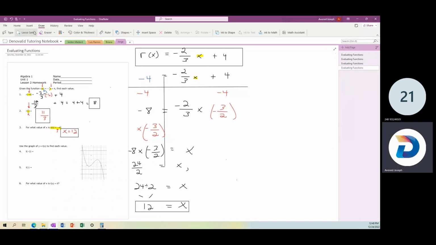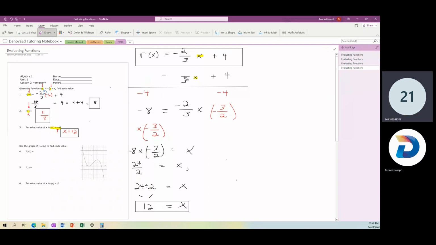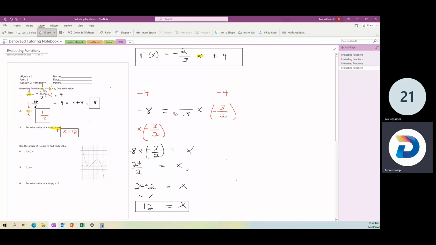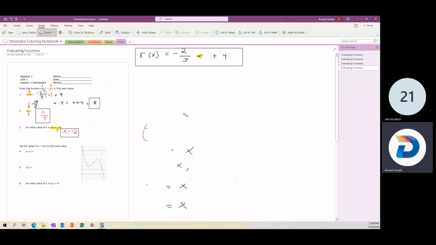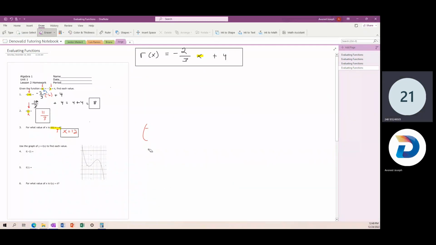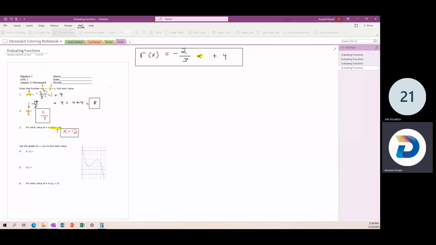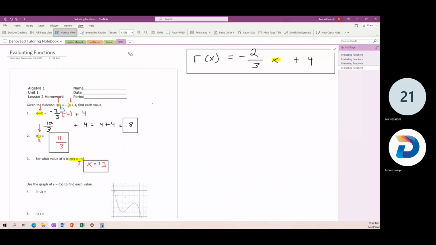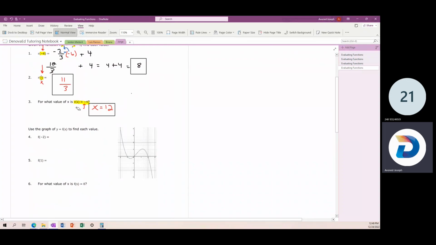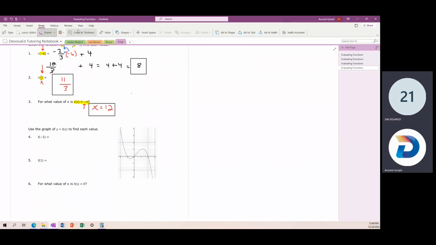All right, so for question number 4, it says use the graph for y equals f of x.